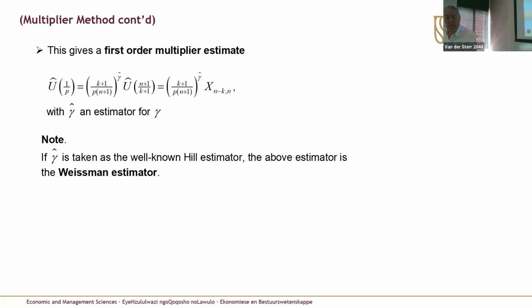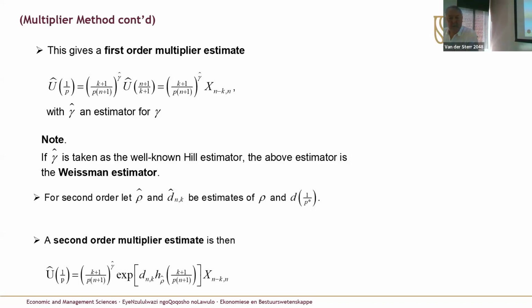Now, if we choose a particular estimator for gamma, and there are many of them, as a so-called Hill estimator, then this is a well-known estimator, the Weissman estimator. And you see what we do, essentially we estimate the pth quantile, or 1 minus pth quantile, and to estimate that, we go deeper into the data with this as an estimate of a quantile times essentially then a multiplier. So this is just what happens.